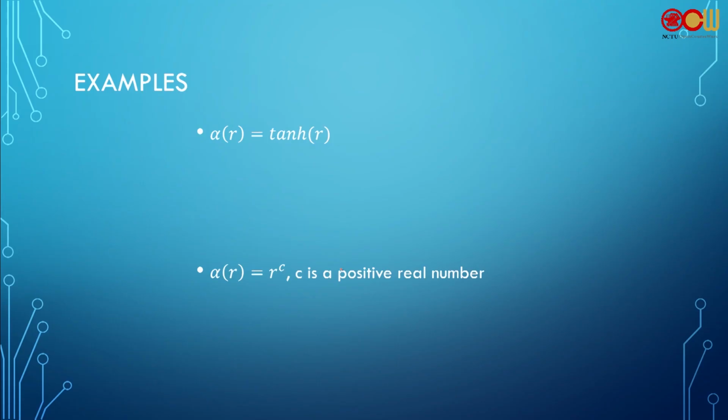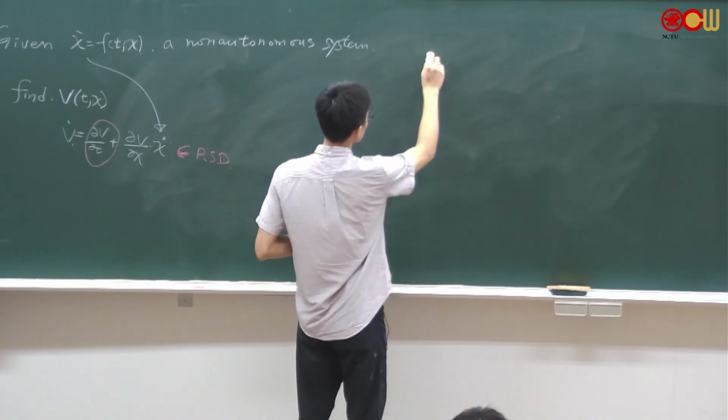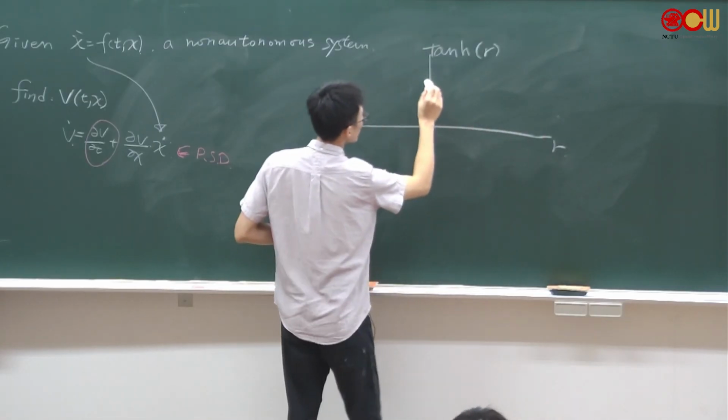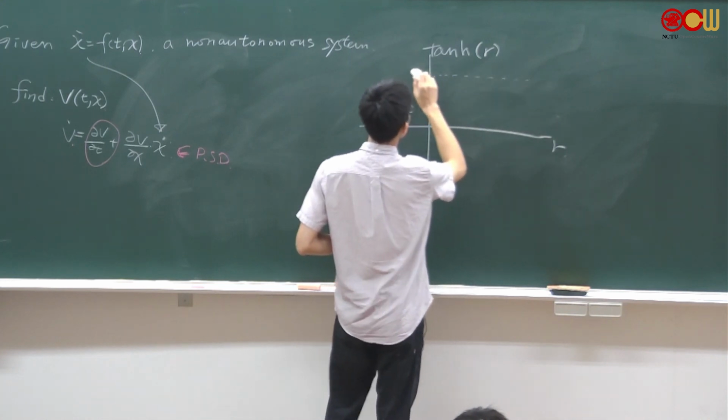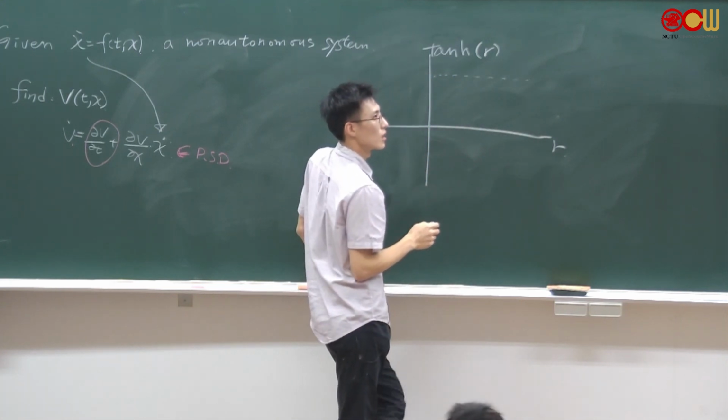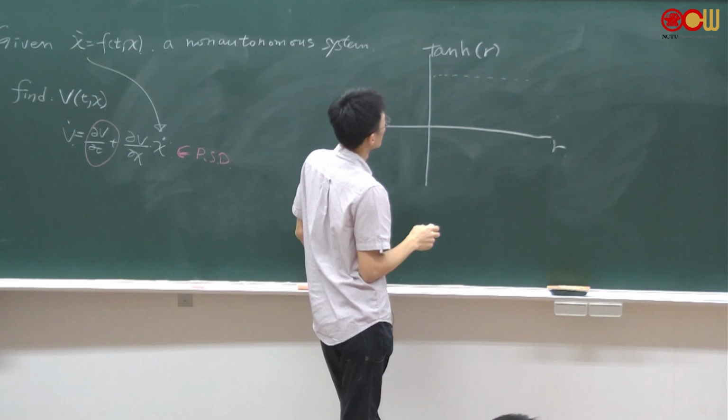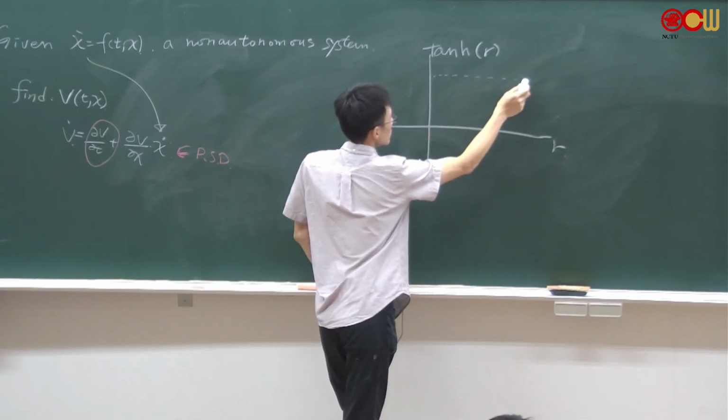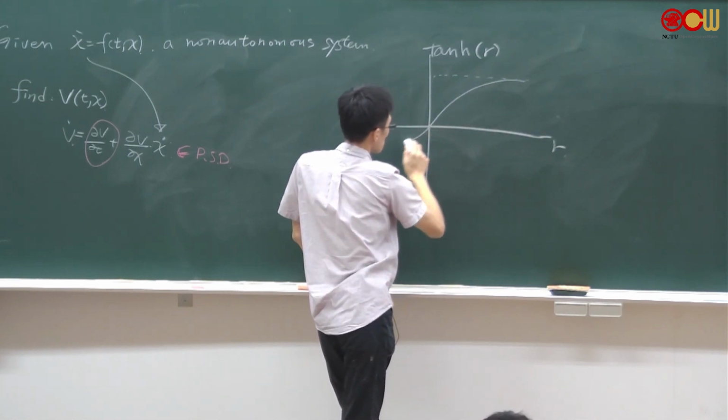tanh. What does the tanh function look like? The tanh function is upper bounded by some constant, something like this.